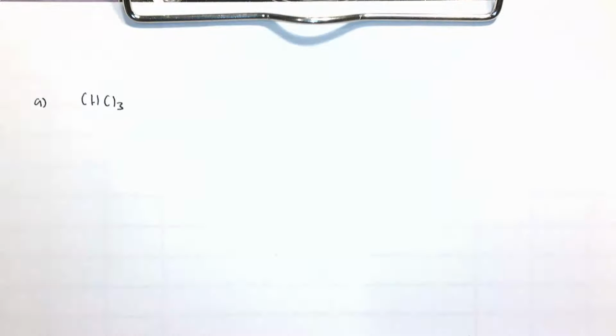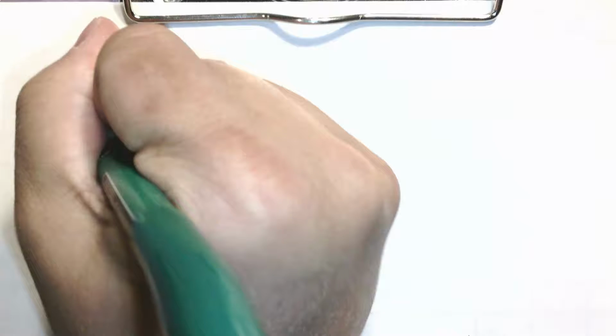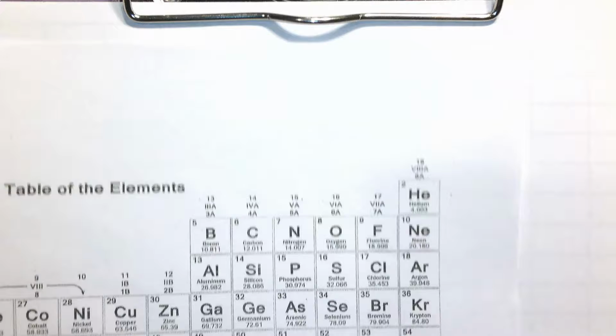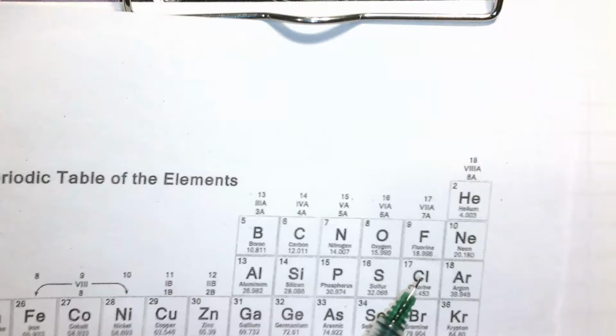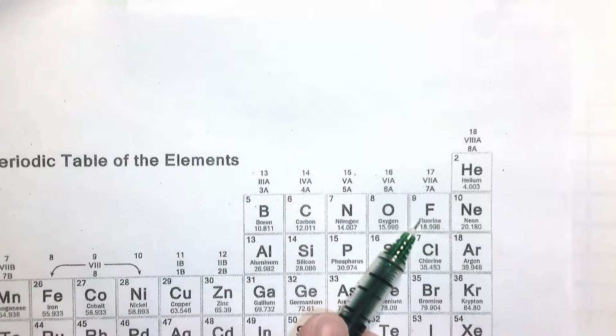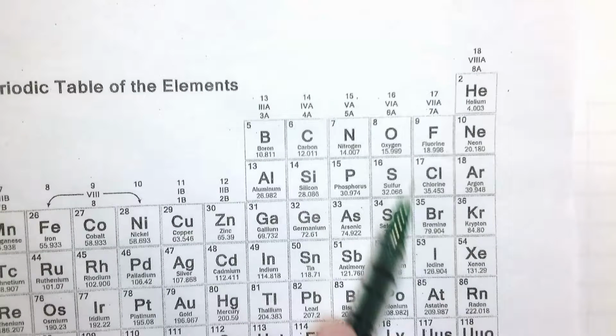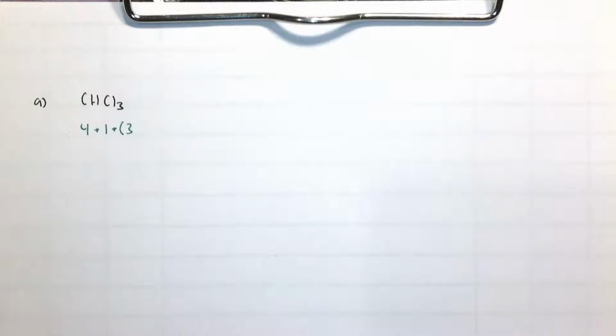Carbon has 4, so this should be pretty automatic by now. Carbon has 4, hydrogen has 1, and then we have 3 chlorines. Chlorines are in the halogen group underneath fluorine. So fluorine has 7 valence electrons, chlorine 7, bromine 7, iodine 7. The halogens have 7 valence electrons.